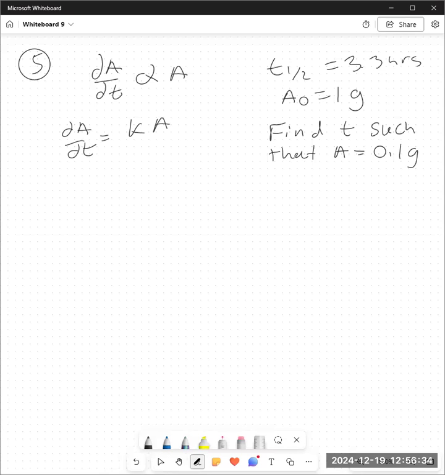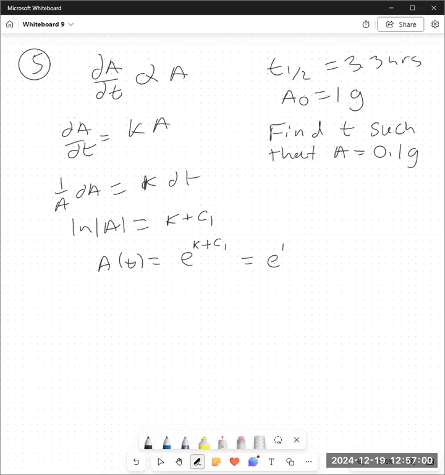I just want to show you that I can have 1/A dA equal to k dt, and that's ln of the absolute value of A equal to kt plus C1. And then A of t is going to be e to the kt plus C1, which is e to the kt times e to the C1, which is equal to C e to the kt.